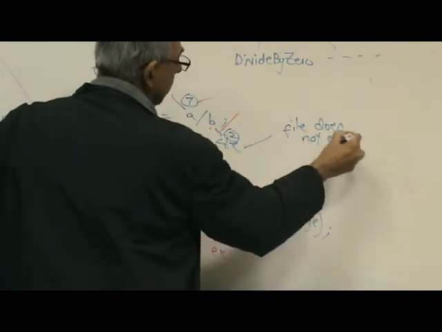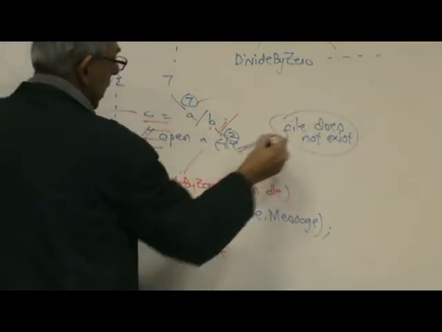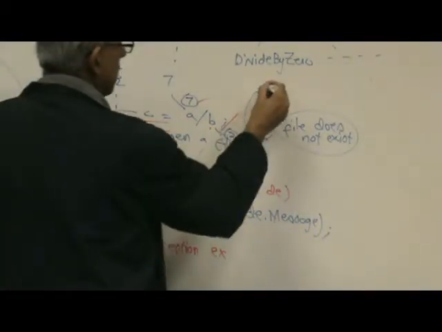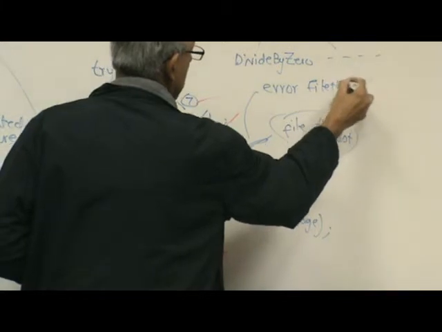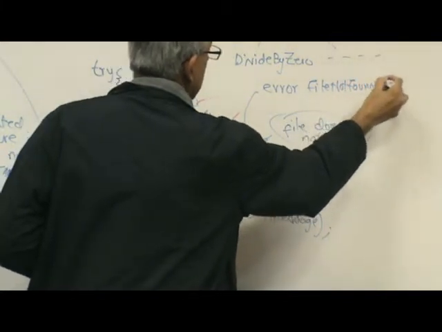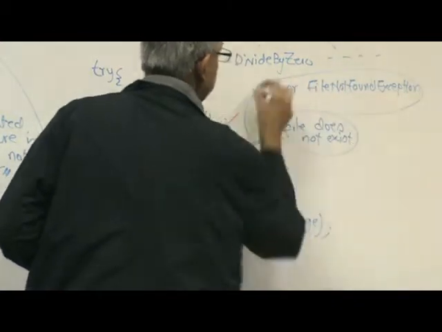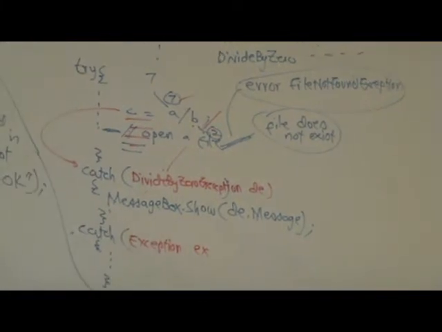We are trying to read from a file that doesn't even exist. So what will happen? An error will be created, which is of type FileNotFoundException. So that's the error that will be generated.